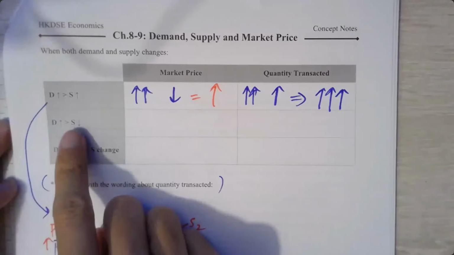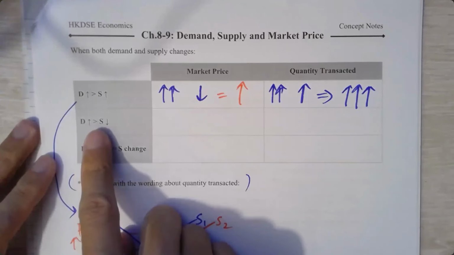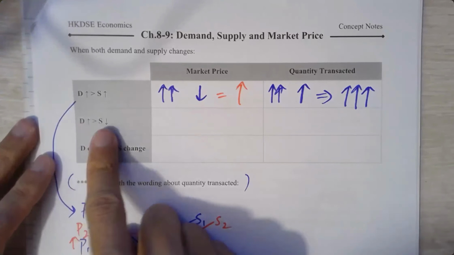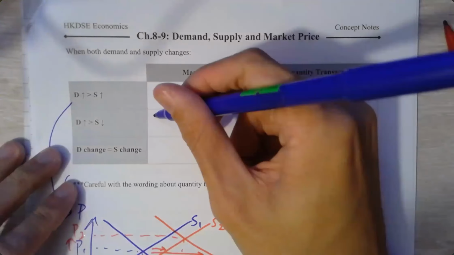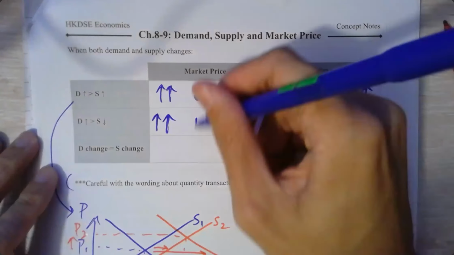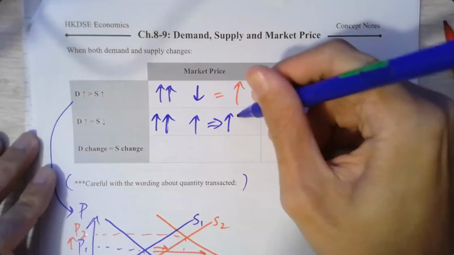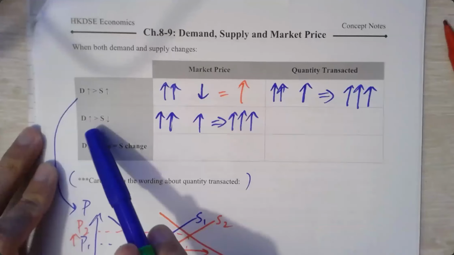Let's do one more. What if this one? Let's say demand increases, but then supply decreases. So what do we have to do? Demand increase, price increase. Supply decrease, price increase. We know that price would definitely increase by a whole lot. What about quantity?